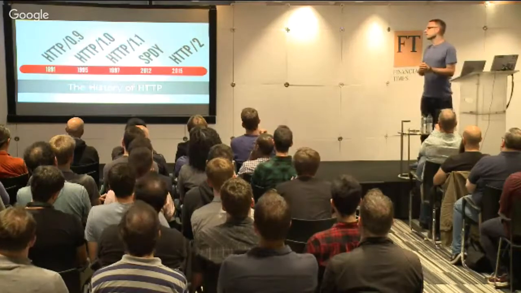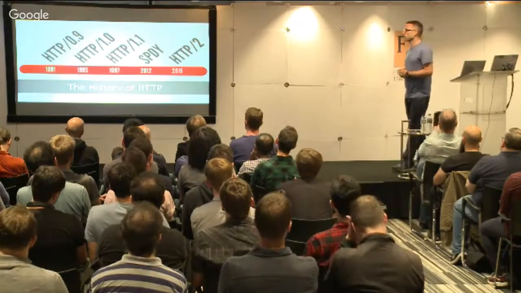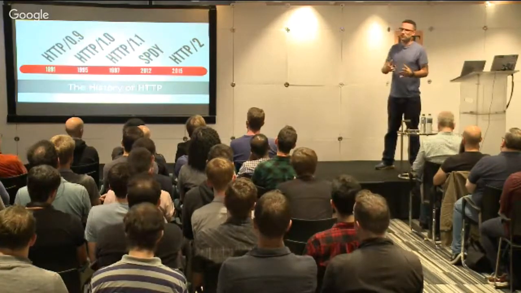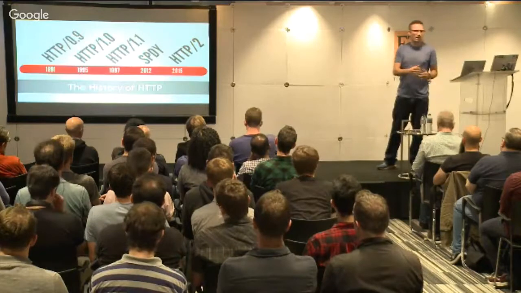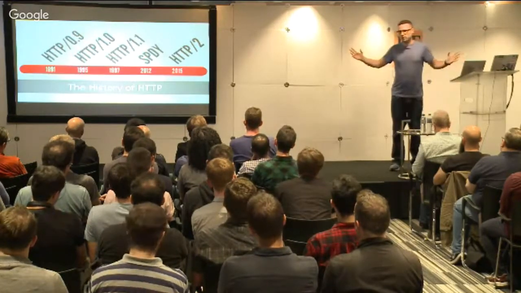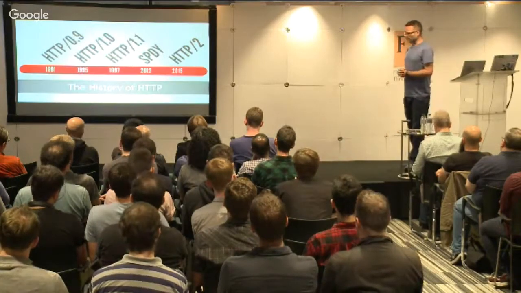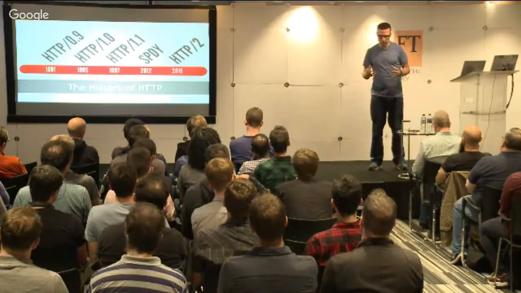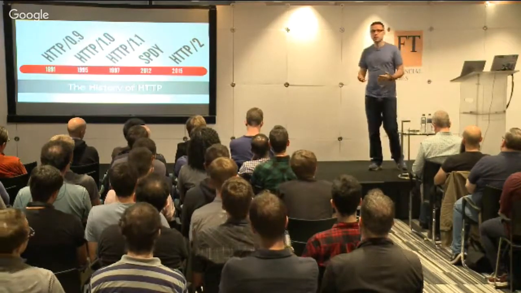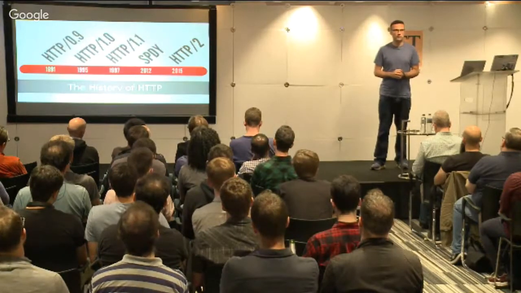1997 and HTTP 1.1 was released, and 1.1 primarily addressed the bugs and issues that were prevalent in 1.0. And then after 1.1 was released, we had a very, very long time with no releases whatsoever. In that time, websites continued to get more rich in terms of presentation and more complex in terms of functionality as well.